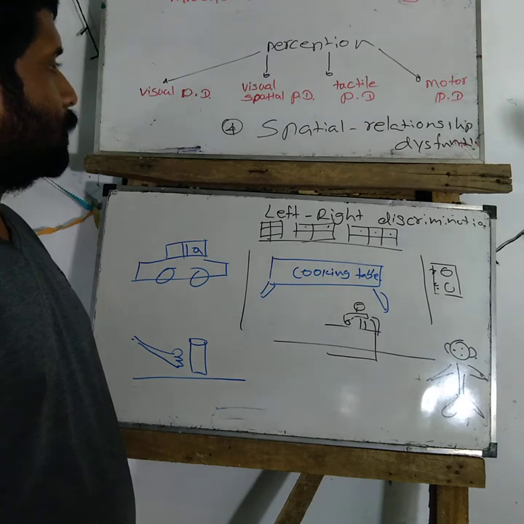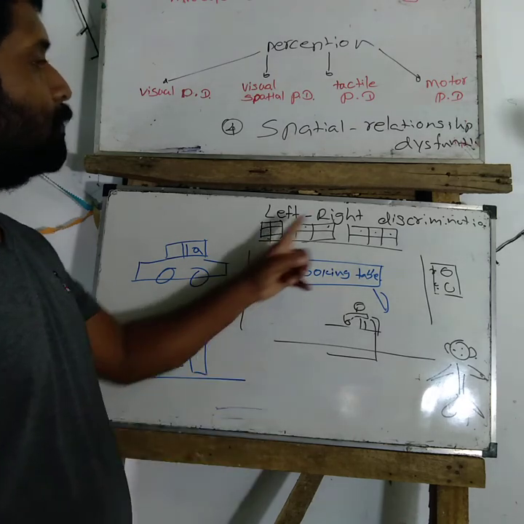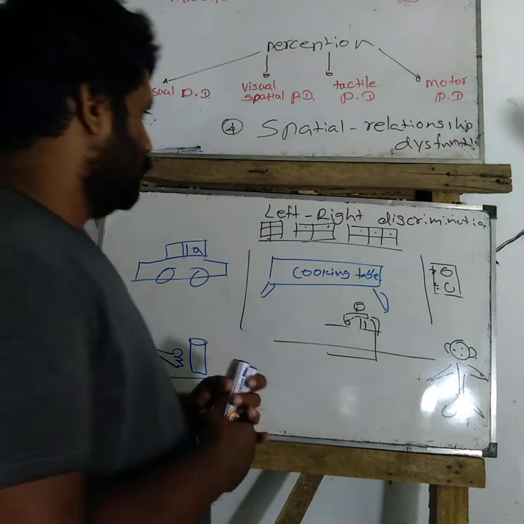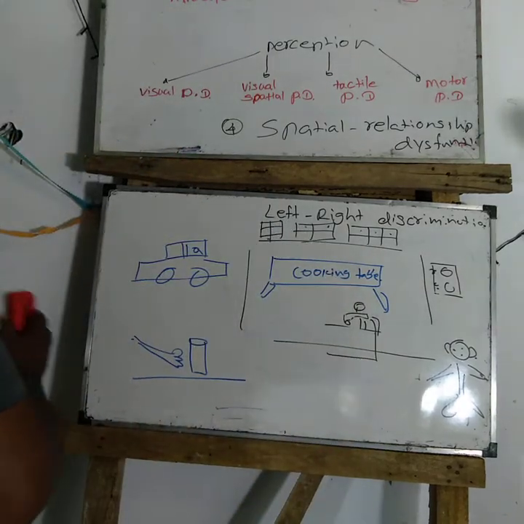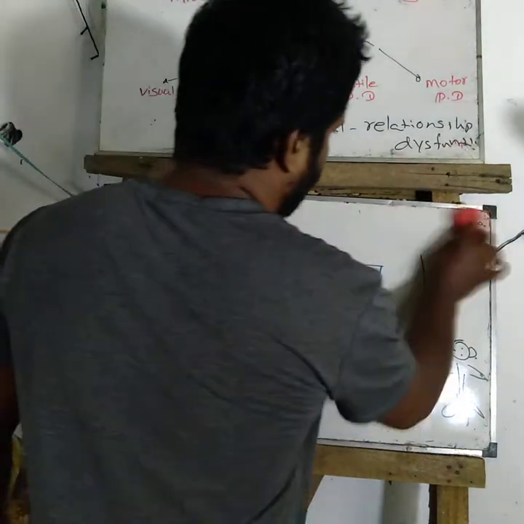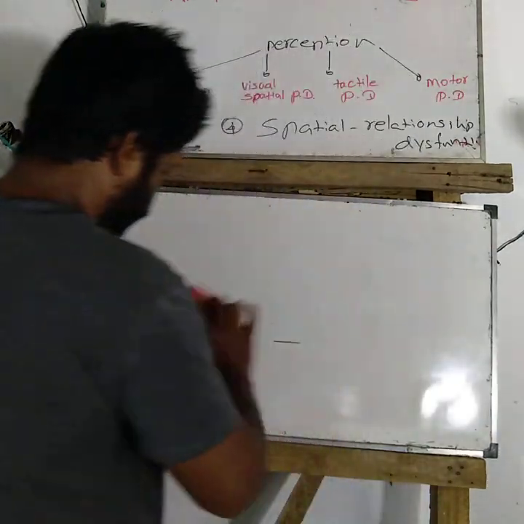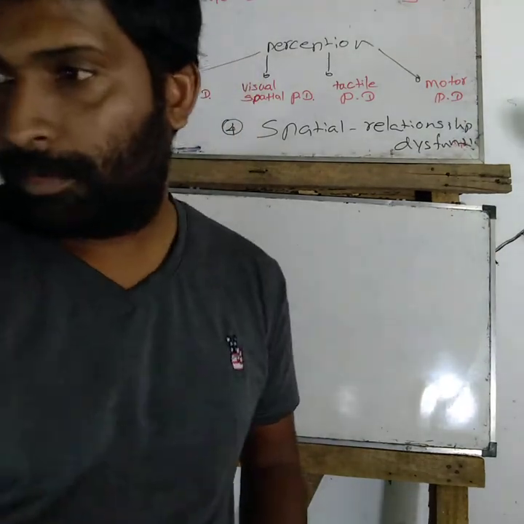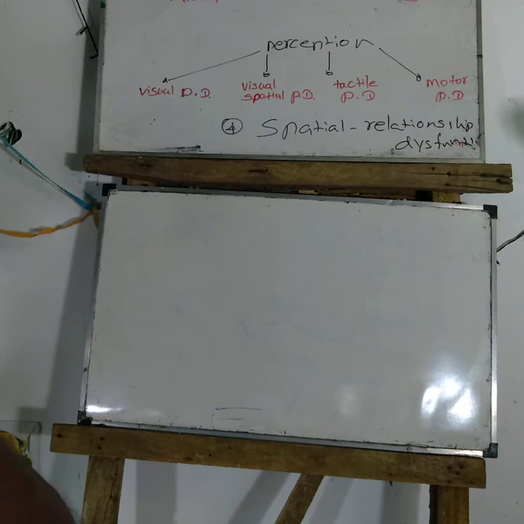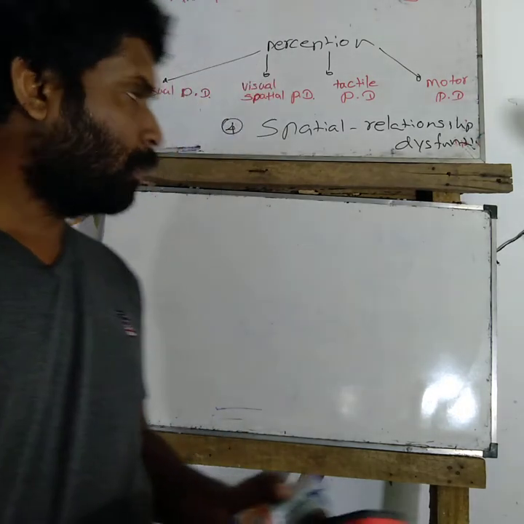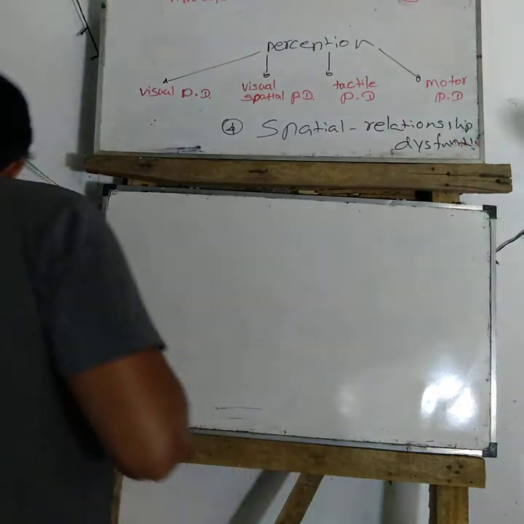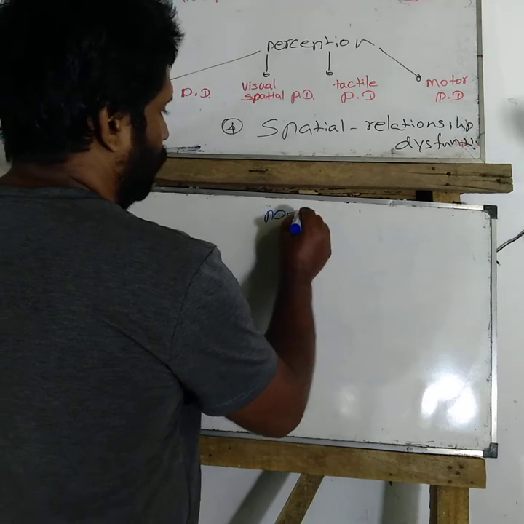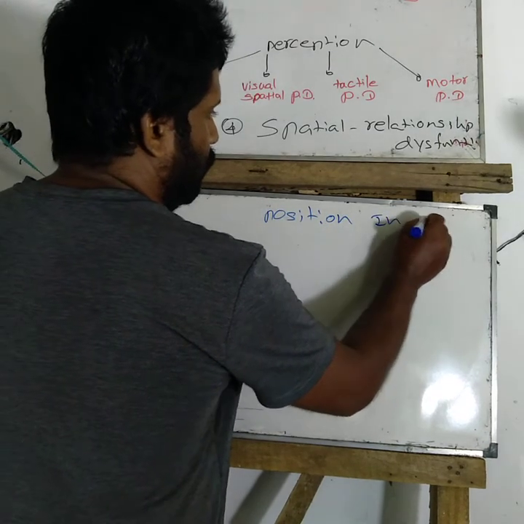Now we are going to the spatial relationship dysfunction. Left right discrimination is the most important. Another one we are going to discuss is position in space.